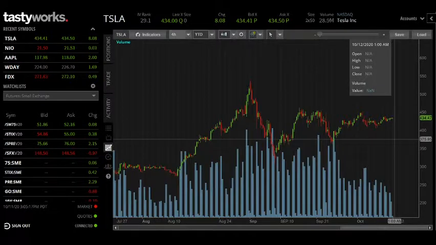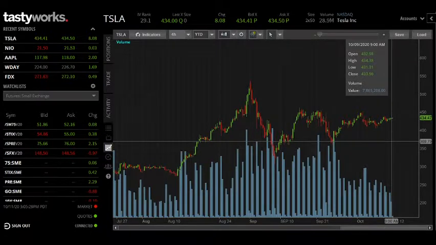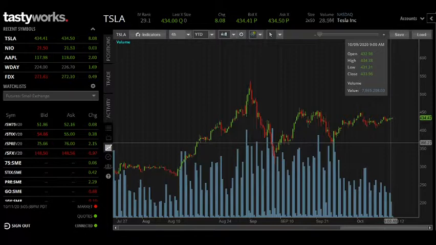Now you might be able to get away with doing a 370, 375 or a 370, 365. Selling this 375, buying the 370, or selling the 370, buying the 365. You might be able to collect the same amount of premium and have a little more probability of profit.